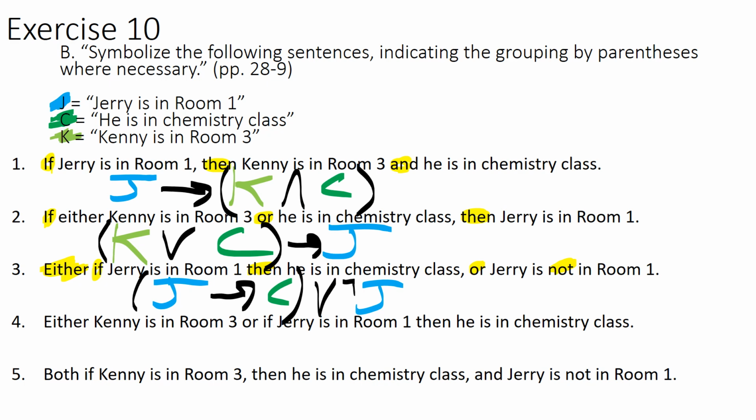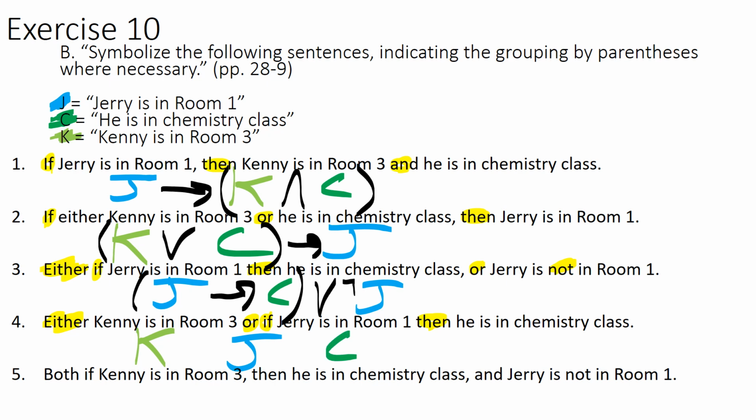Number 4, either. So overall is a disjunction. So either Kenny is in room 3, or if Jerry is in room 1, then he is in chemistry class. Kenny is in room 3 is a K. Jerry is in room 1 is a J. He is in chemistry class is a C. Let's put in our connectives.